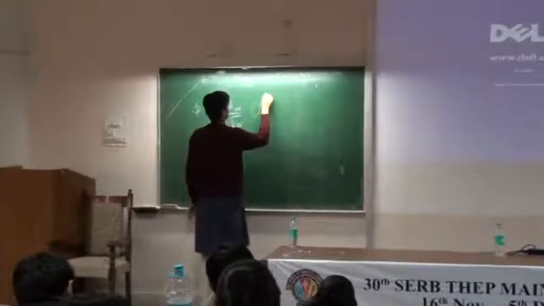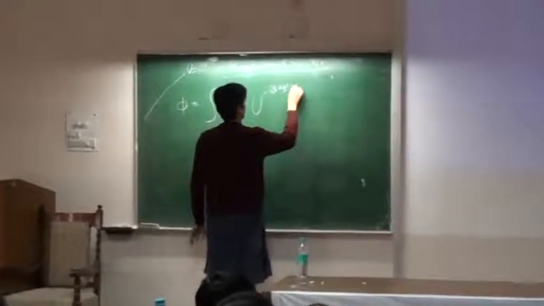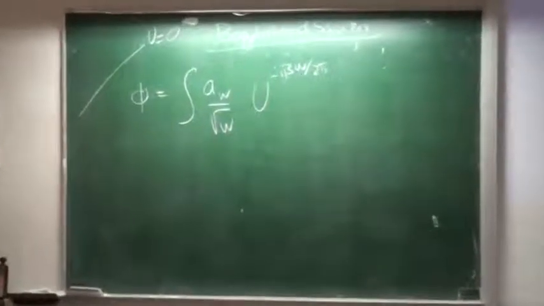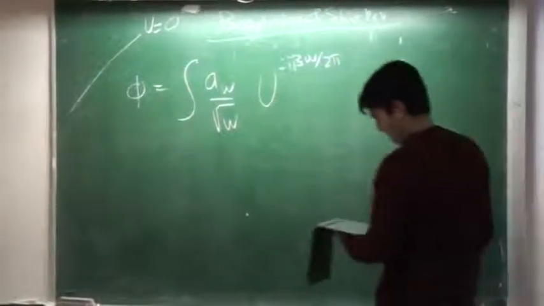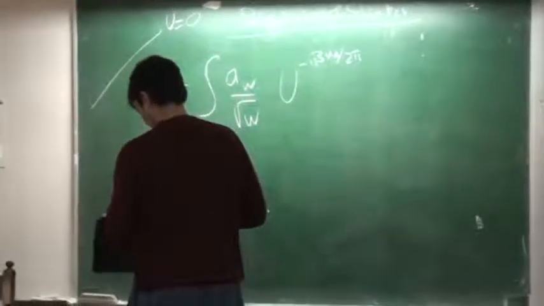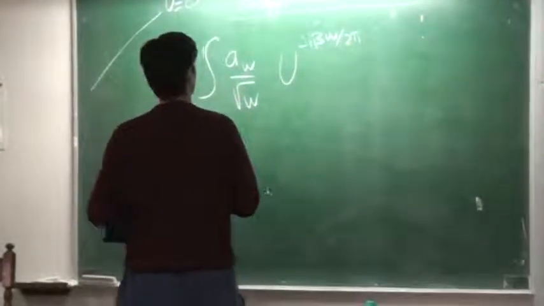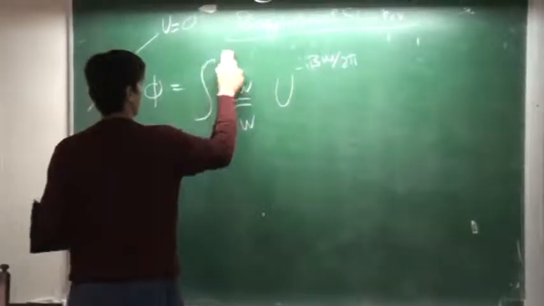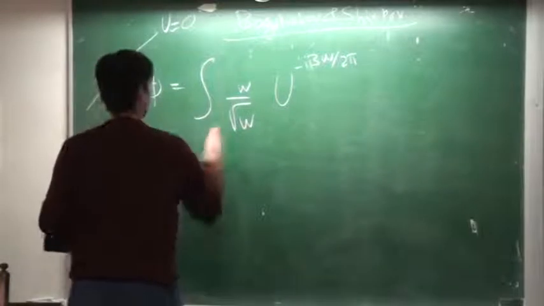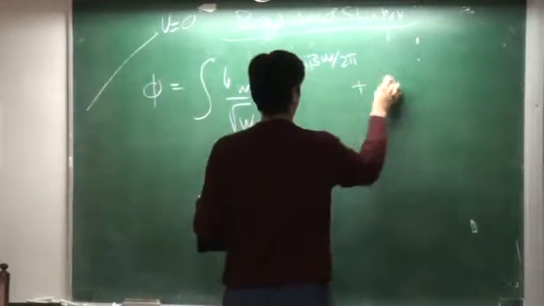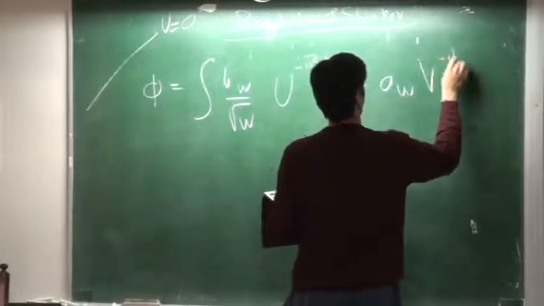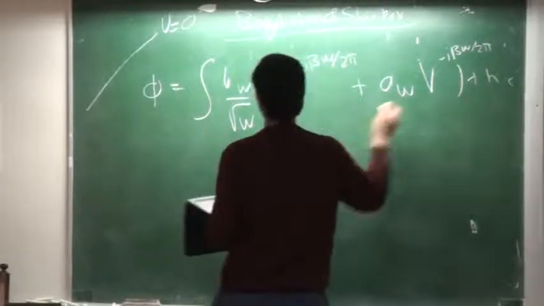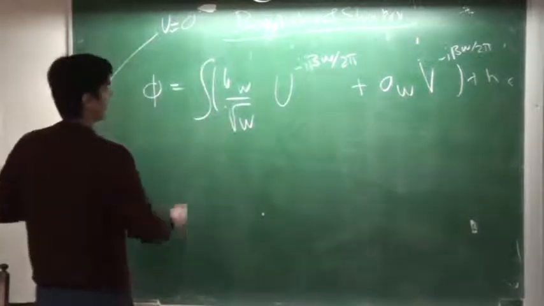U to the minus i beta omega, K omega, e to the minus i, conjugate. Okay, this is outside the horizon.